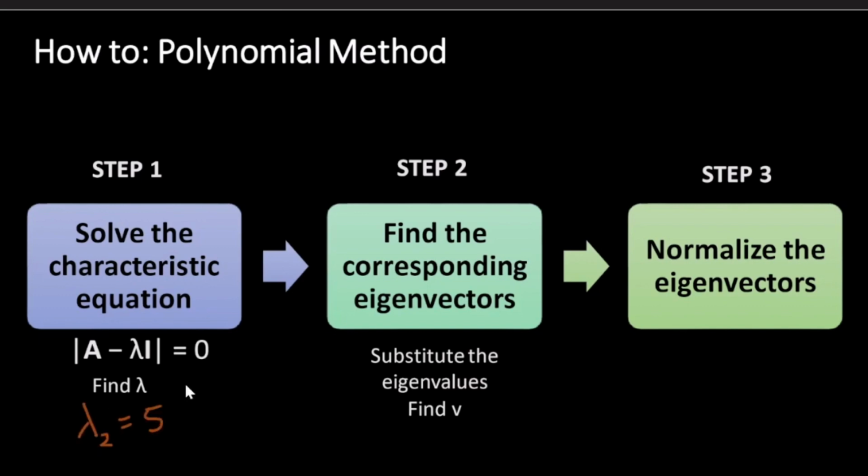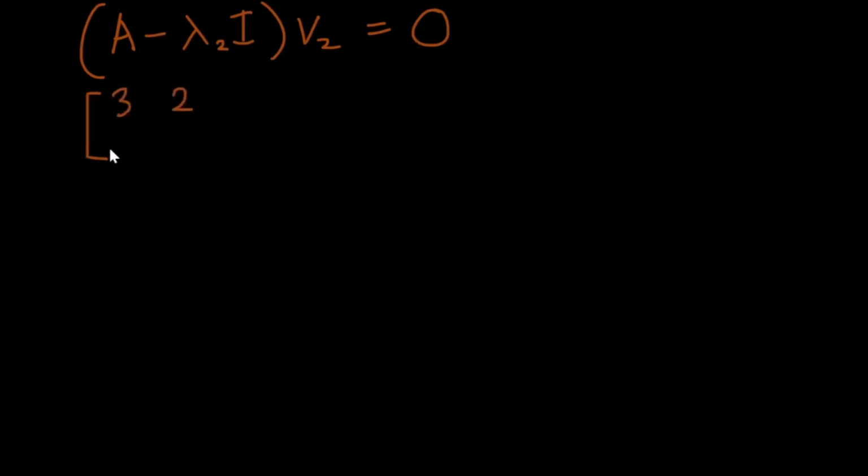Lambda 2 equals 5, and we would like to find V2. So A minus lambda 2 I multiplied by V2 equals 0. And A was [3, 2; -4, 9]. Lambda 2 multiplied by I, by now you would already know the answer: 5, 0, 0, 5.